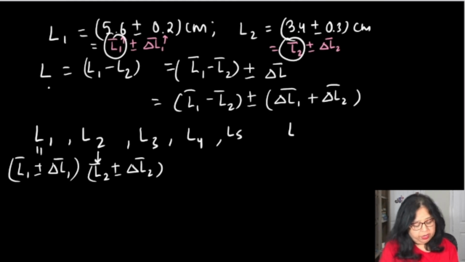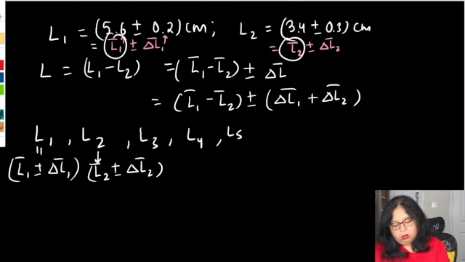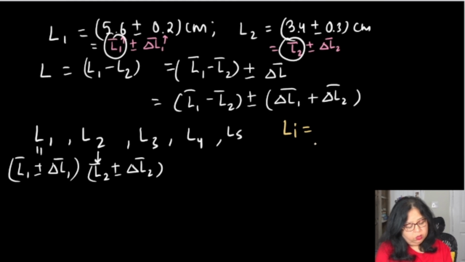I think you get the point. Li is equal to, hang on, different color. Li equals Li bar plus minus delta Li bar. So i can be 1 to 5. I think you can do that much.